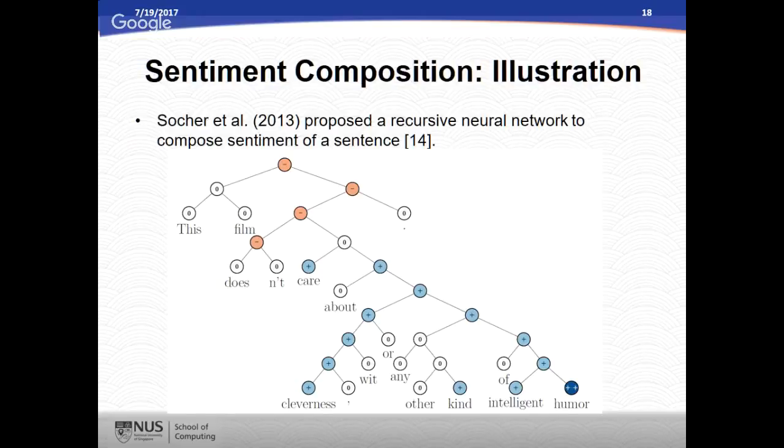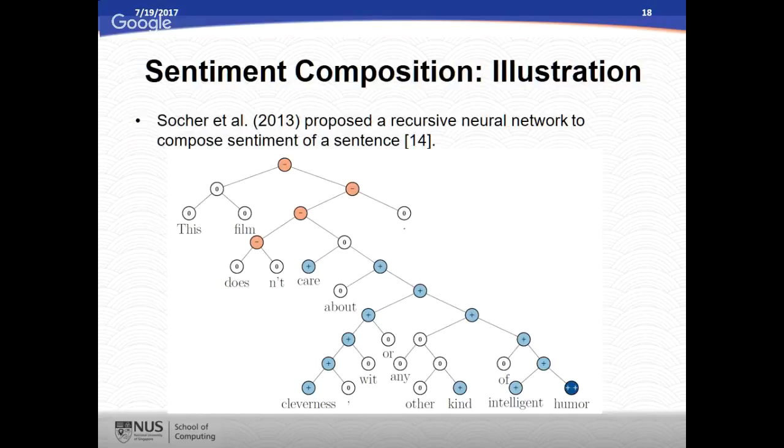This is the dependency parse tree of the entire string. Normally English sentences are composed as subject, then verb, then predicate, right? So this film is the subject, this is the verb, and this entire thing is the predicate. And the dependency tree is built in that way.